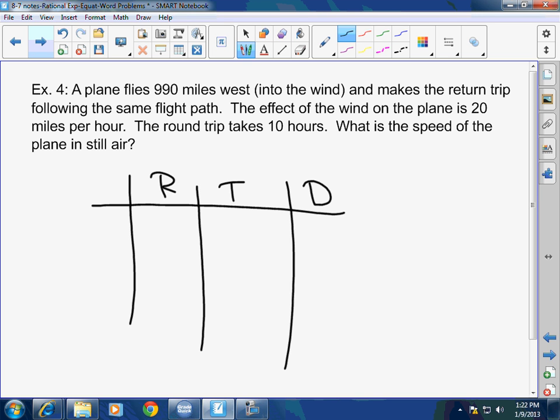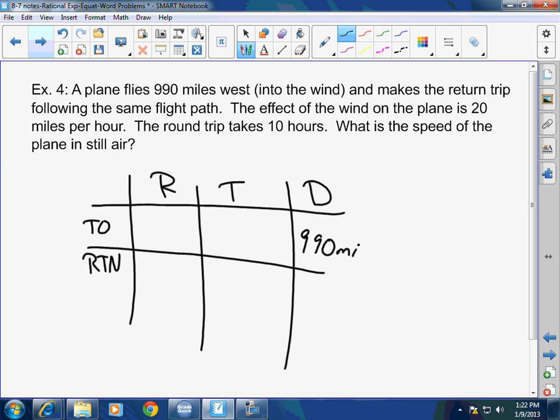Okay, so we're going to, and then we're going to return. Okay, so this is a plane flies 990 miles west. So 990 miles is my distance. Into the wind. So into the wind, is that against? Against, right? Okay. Very good.